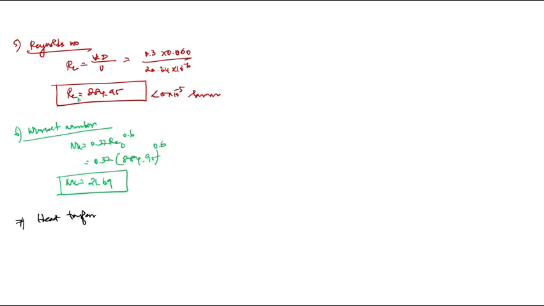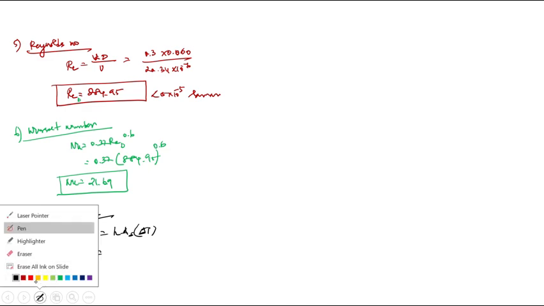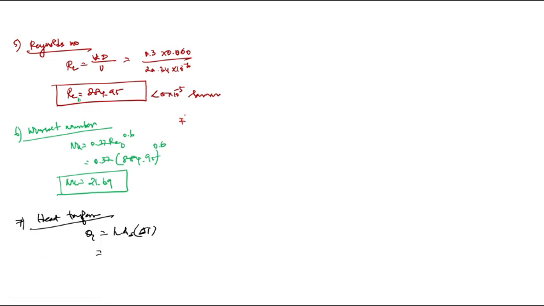From Newton's law of cooling, you know that Q is equal to hA delta T, where A is the surface area. Before that, after the Nusselt number, you find the heat transfer coefficient, which is the seventh step.